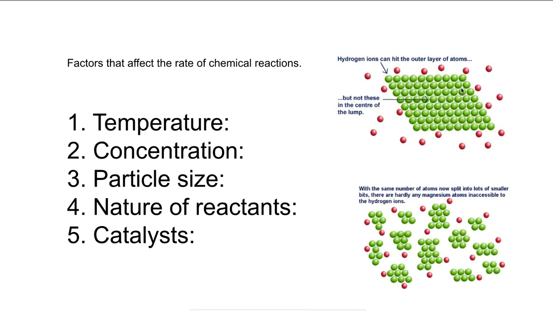However, if this green structure is broken up into smaller pieces, okay, there are far more green atoms capable of reacting. There's very few green atoms that are not close to a red atom. So this is an example of how breaking a large structure down into smaller pieces, so you're reducing the particle size, can increase the rate of reaction.